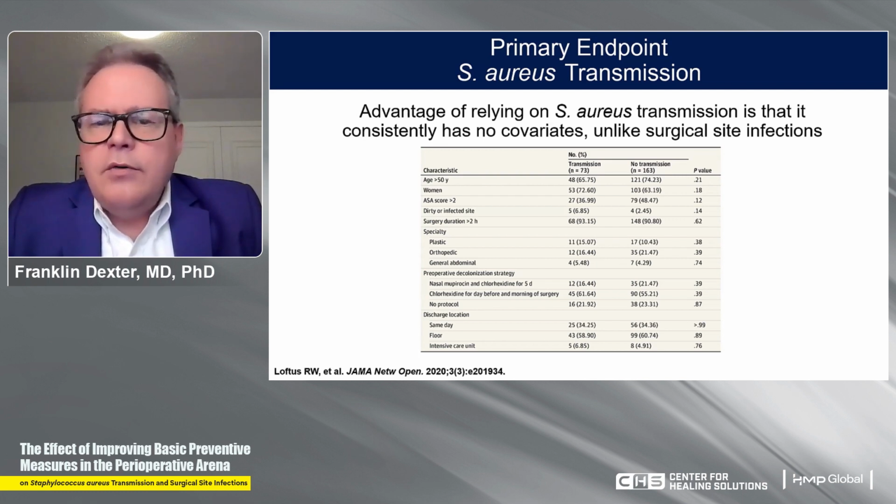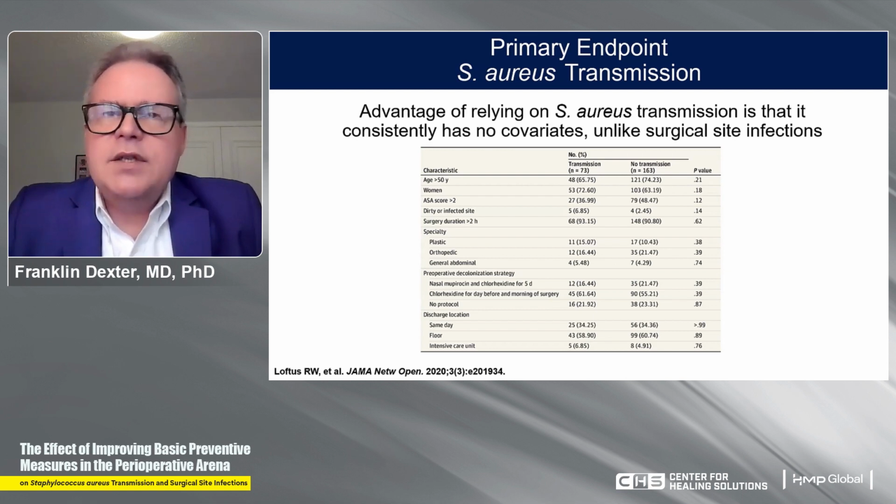I showed you earlier the large impact of surgical specialty on the risk of perioperative infection. You can't change the surgical specialty of the patient. The presence of systemic disease differs among patients, and even if you make efforts at trying to control a patient's diabetes, they still have diabetes. You can't change the fact that they have diabetes.